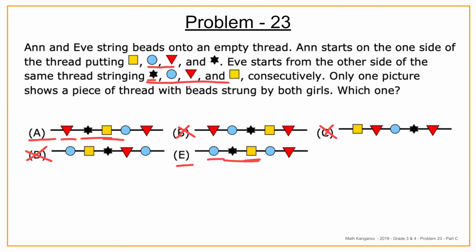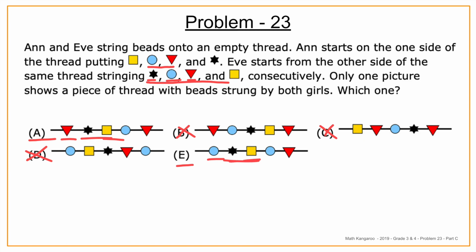So we see that here blue goes with red, blue goes with red, and after the star we get a blue one, and then we get a triangle.